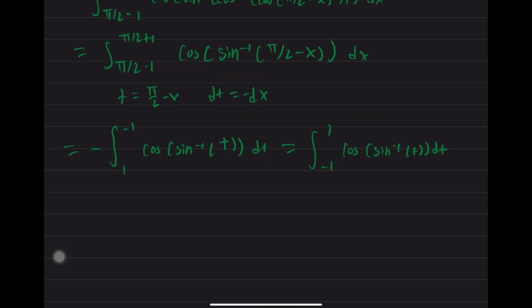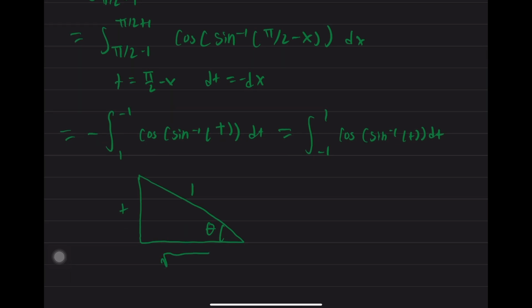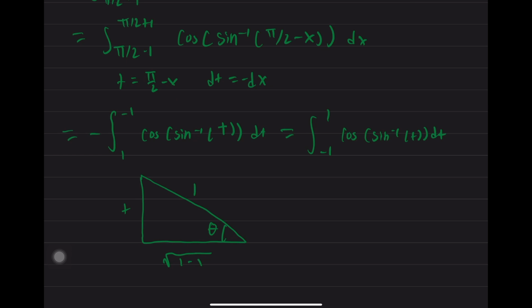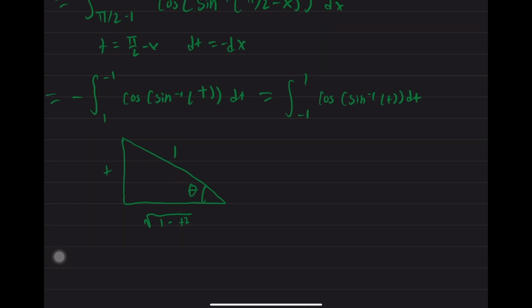Again, we're going to draw a triangle, except this triangle is going to be much nicer now, since we'll just have, let's call this theta, opposite is t, hypotenuse is 1. Now this is going to be the square root of 1 minus t squared, because we can just use the Pythagorean theorem. Great. Now we want to find the cosine of this angle.